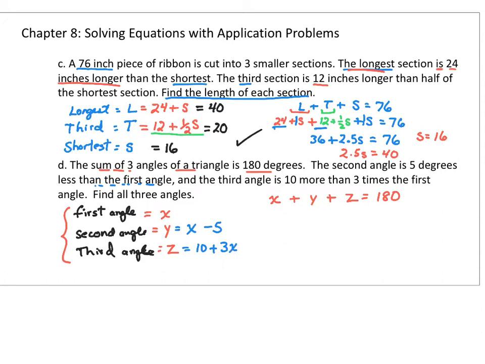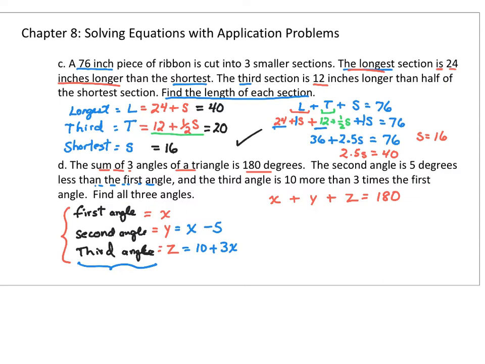Okay, so there's what we have. You could have just left off the x, y, and z and then just written the expression for the second angle and the third angle based on some other unknown, which would have been the first angle. Sometimes it's safer to do this because you won't skip any.